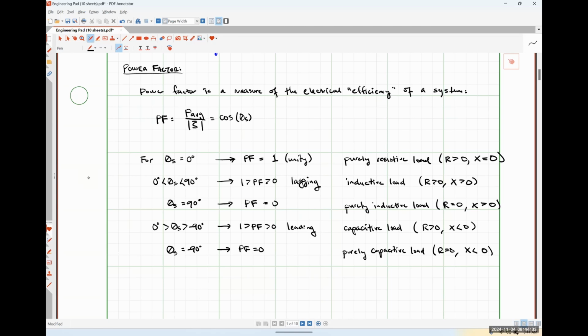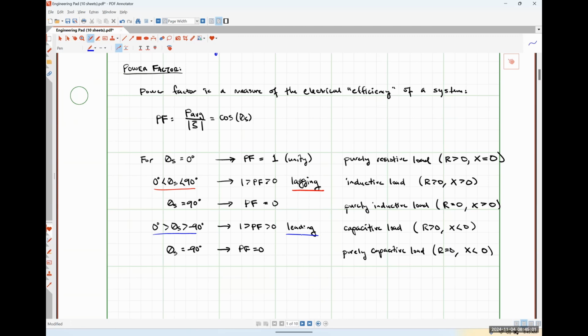So just to recap here, I want to make this super duper clear. Whenever our power factor angle is between 0 and 90 degrees, we are operating at a lagging power factor. Whenever our power factor angle is between 0 and negative 90, we are operating at a leading power factor.